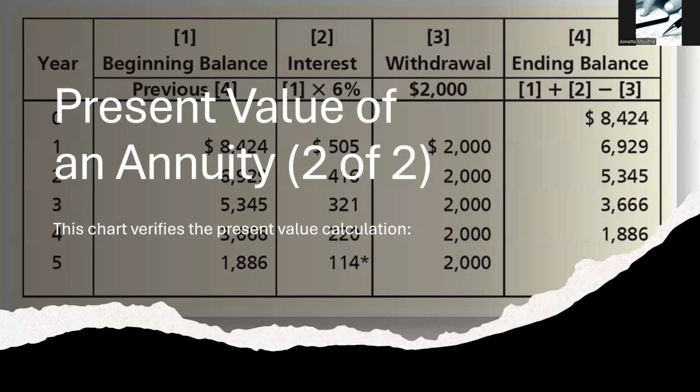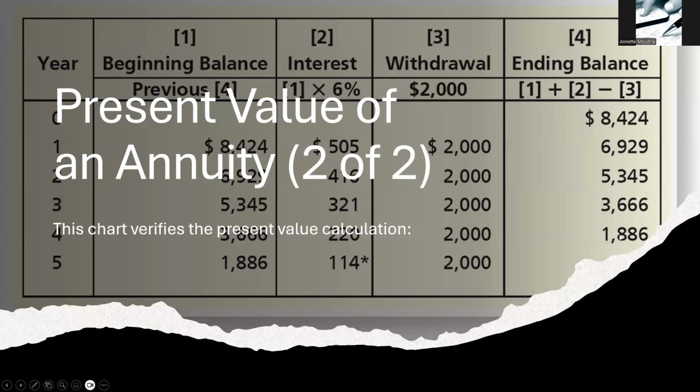That's calculated as $8,424 plus $505 less the $2,000. So at the end of 5 years, the ending balance should be 0. Of course, you don't see it here, but it will be 0.